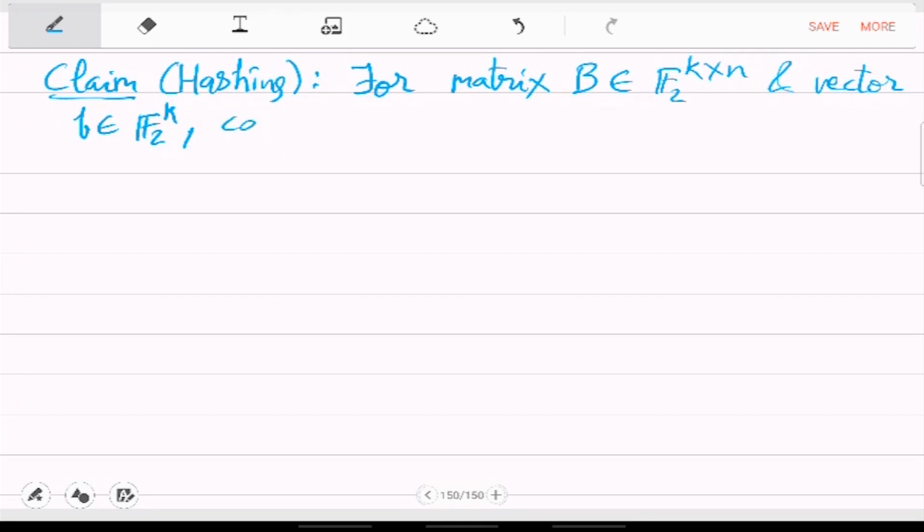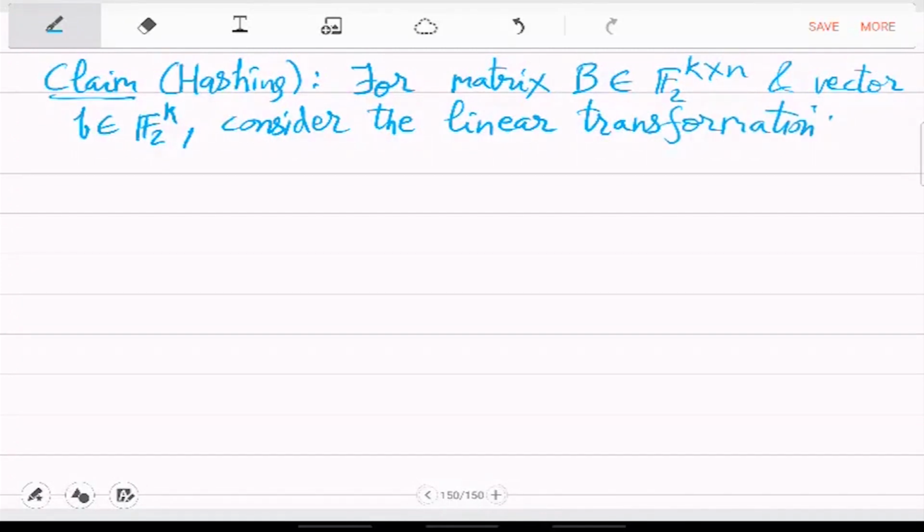Consider the linear transformation H with this big B and small b as parameters.